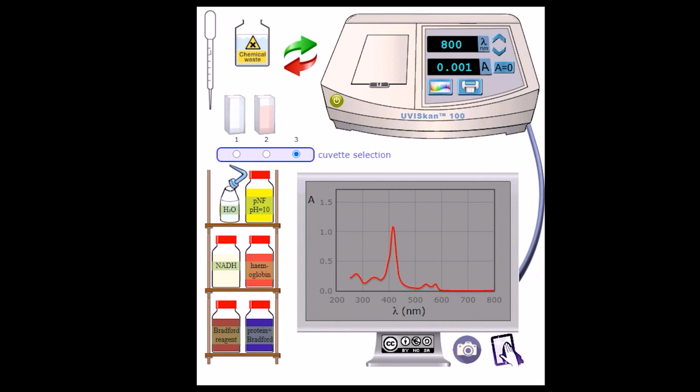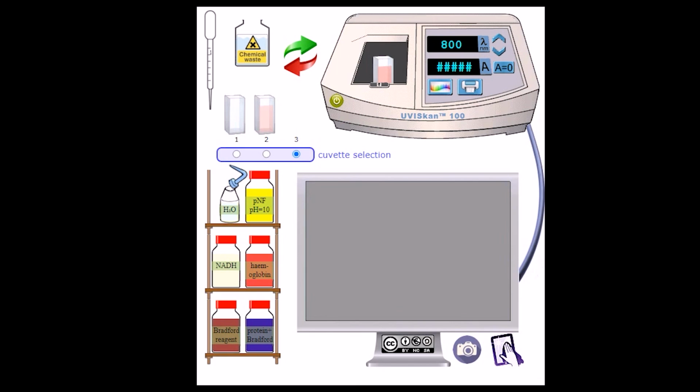This graph has the wavelength on the bottom, and here we have the absorbance. Now that we did that, we can erase the results, and as expected, we got the third cuvette with more absorbance.